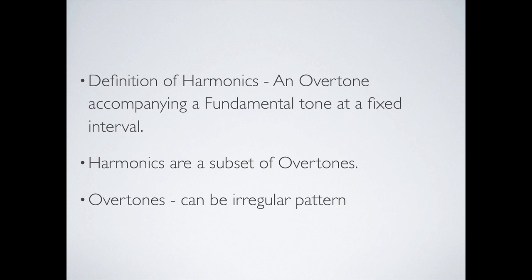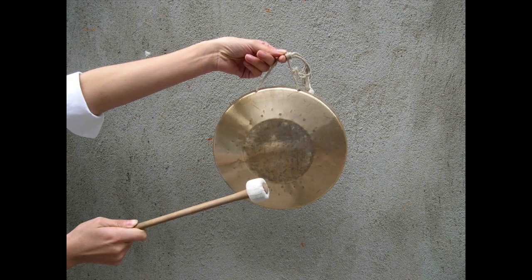Now, harmonics are actually a subset of overtones. So when we're talking about these pitches that exist above, these overtones, they're more correctly called harmonics. Overtones can be an irregular pattern. What I mean by that is, if we hit a gong, there are overtones in there, but they happen not at precise intervals.